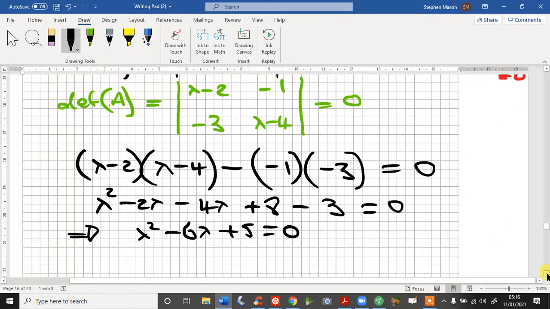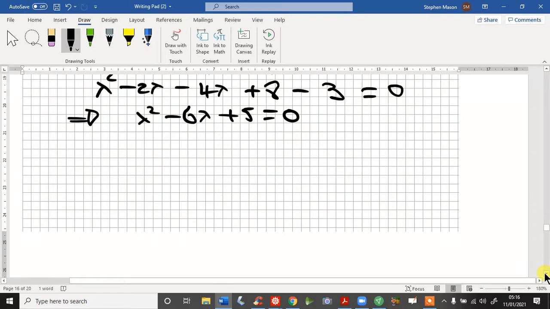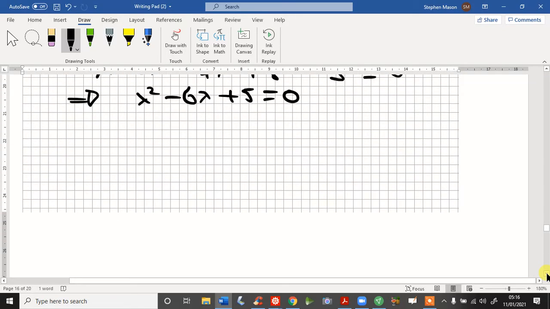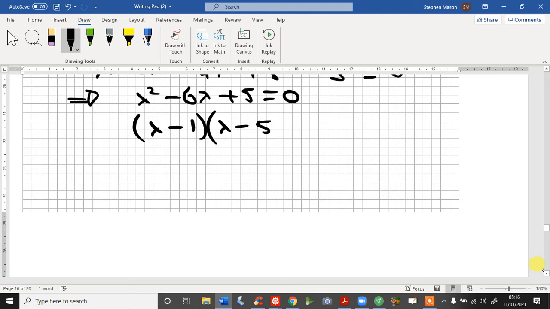So we can factorize this quadratic equation in lambda, which is the easiest thing to do rather than using the quadratic formula. And so we get lambda minus 1 times lambda minus 5 equal to 0.